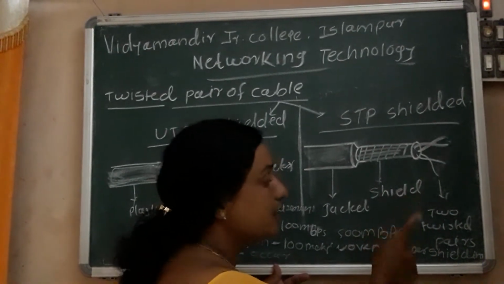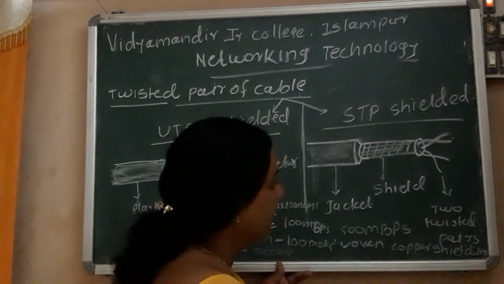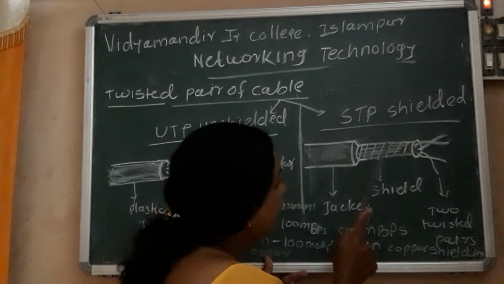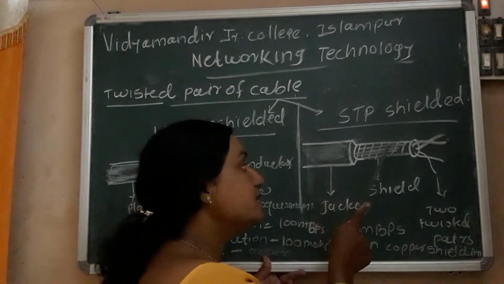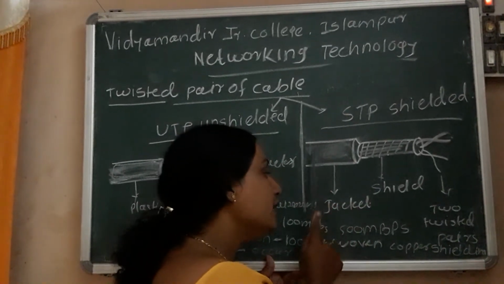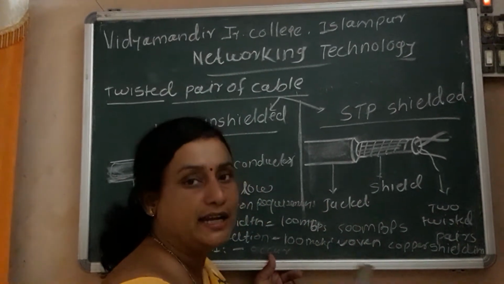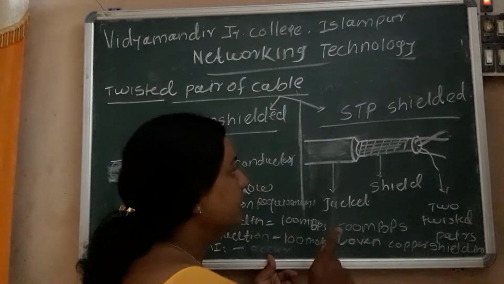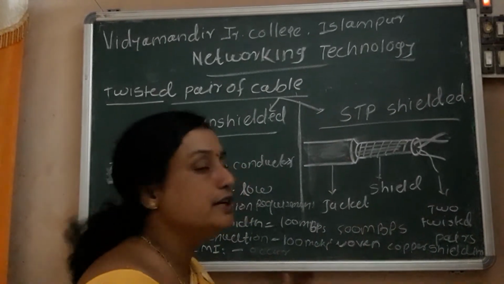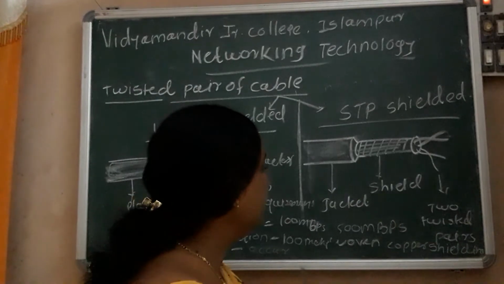The conductor is also made up of copper metal, and this shield is wrapped with a plastic jacket for protection. That is the construction of shielded twisted pair cable.